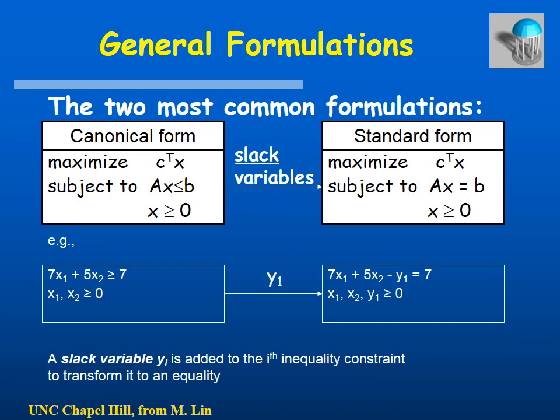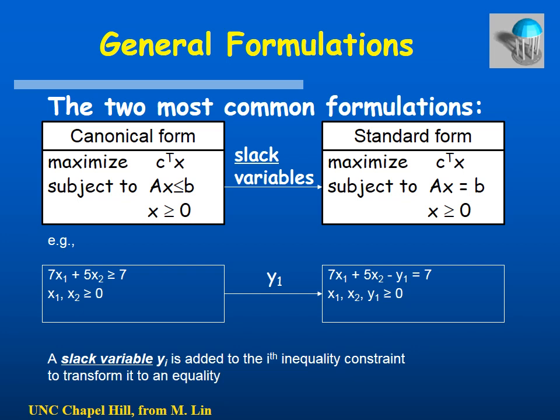For each one of the constraints, we now have the problem transformed from canonical form to standard form. The problem is still to maximize. If we had m constraints and n original variables, we now have n plus m variables, all the original x sub i's, and the slack variables y sub 1 to y sub m. So x sub 1 to x sub n and y sub 1 to y sub m.